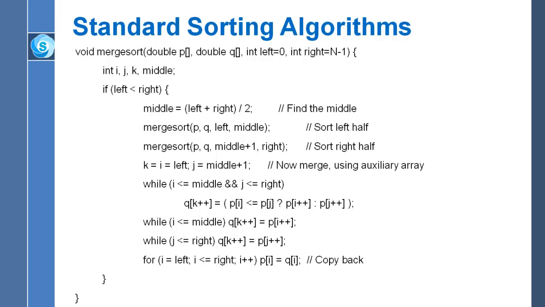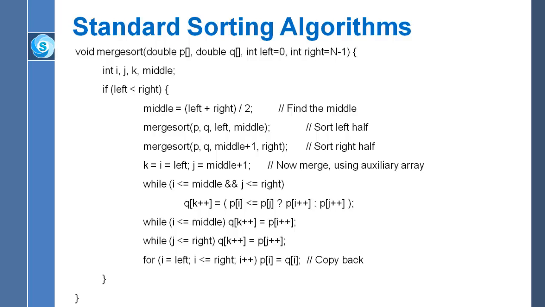Okay, the indices i, j, and k are going to be changed here. Let's talk about them. i is going to be used to scan the left subarray, beginning all the way at the left. And j is going to be used to scan the right subarray beginning at its left.